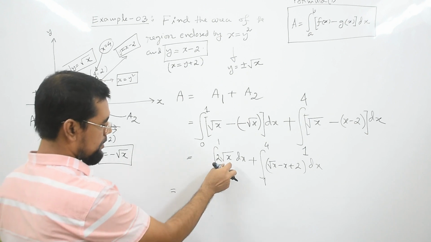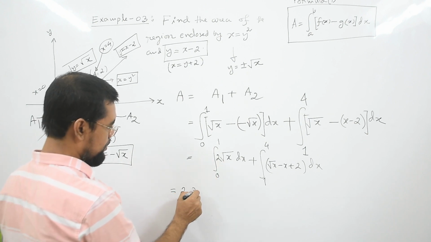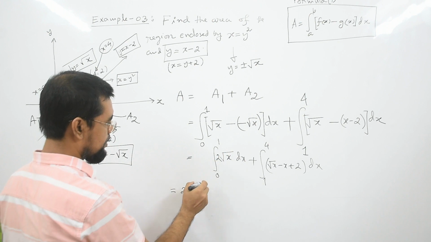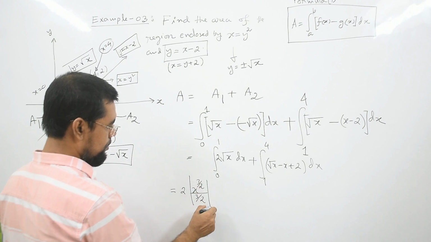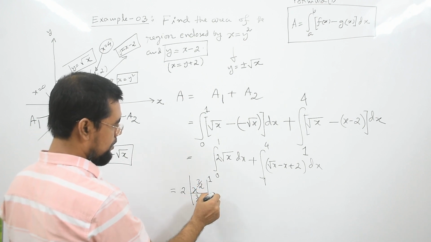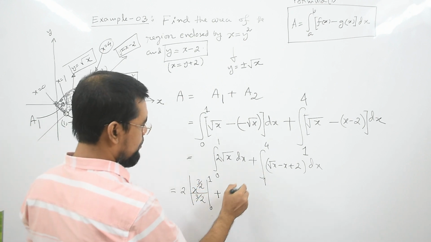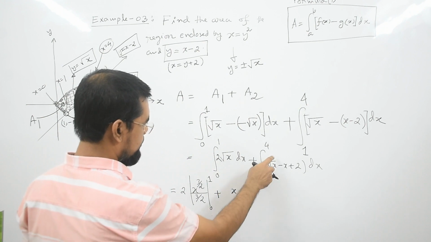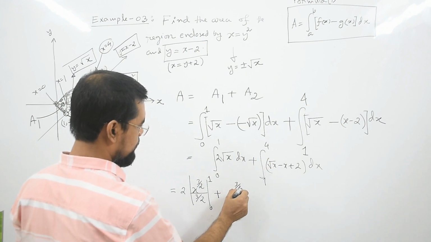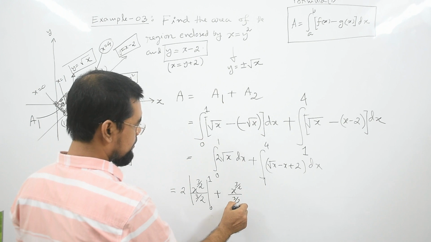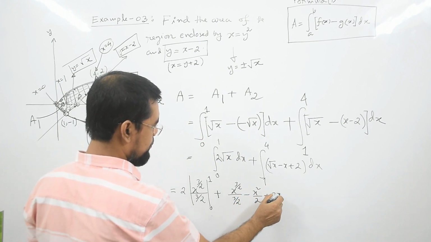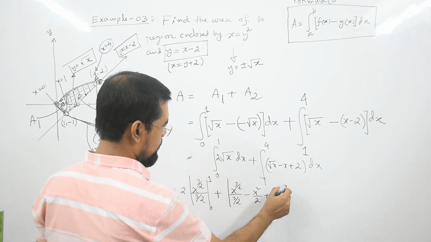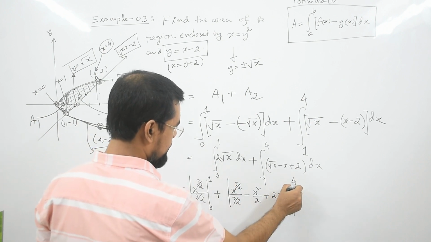And the integration is very simple. You see, x to the power half plus 1, it means 3 by 2, divided by 3 by 2, lower limit 0 to 1, plus root x, x to the power half plus 1, 3 by 2 divided by 3 by 2, minus x square by 2 plus 2x, 1 to 4.